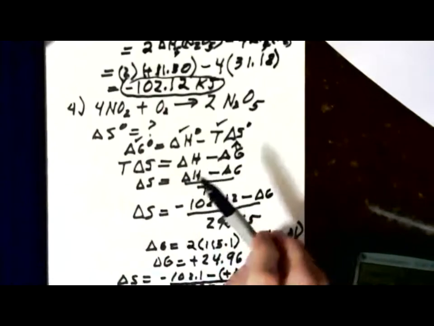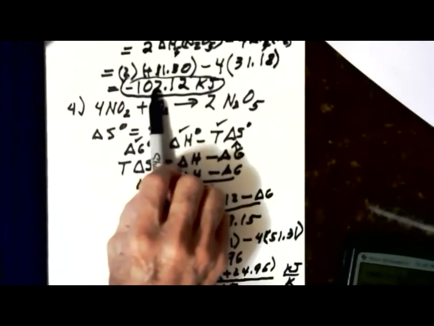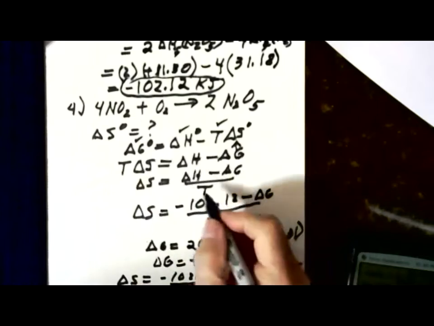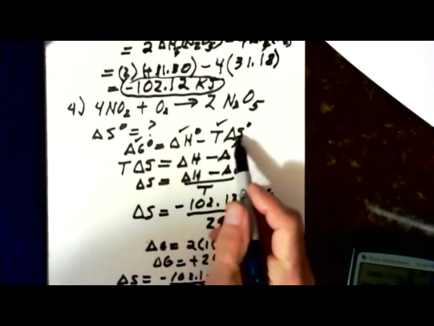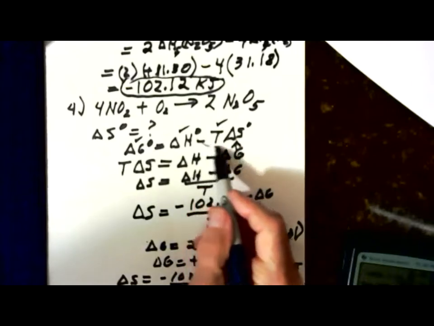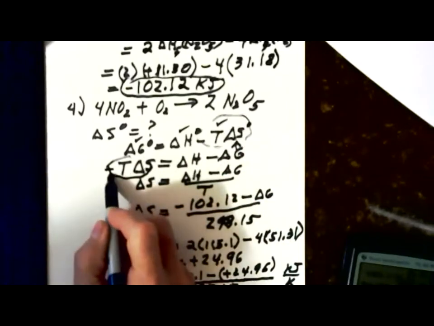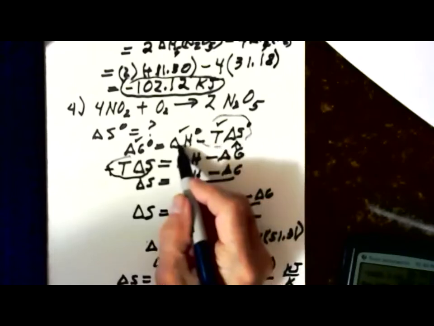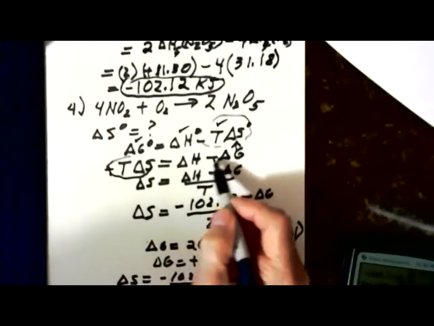So let's just double check our numbers. I think we did get that correct answer. So I'm guessing this is all right, but let's double check the math. Delta G is delta H minus T delta S. I take the minus T delta S over to this side. That becomes plus T delta S. The delta H stayed on the side it was on, but delta G moved across, so it's negative.